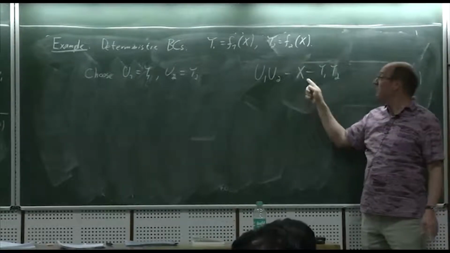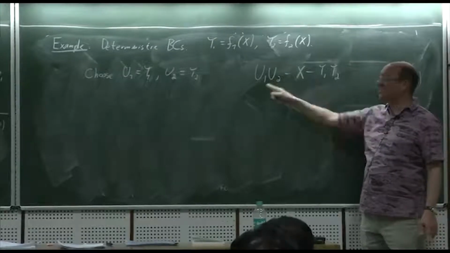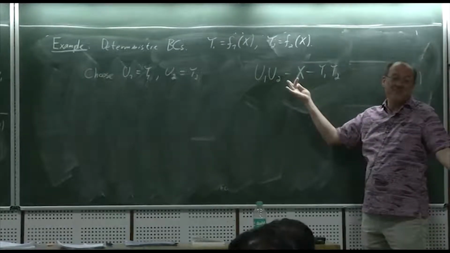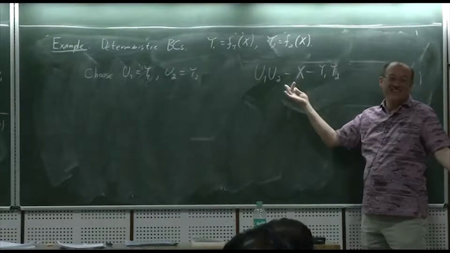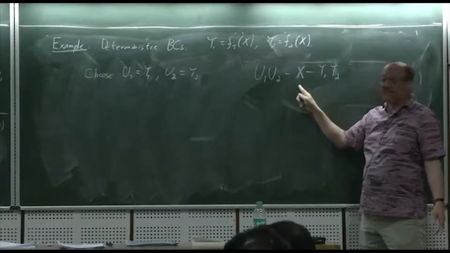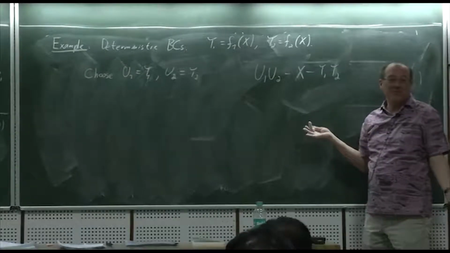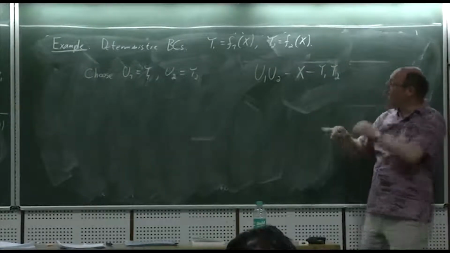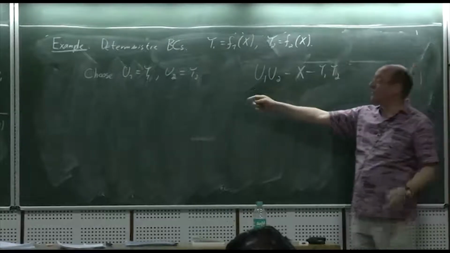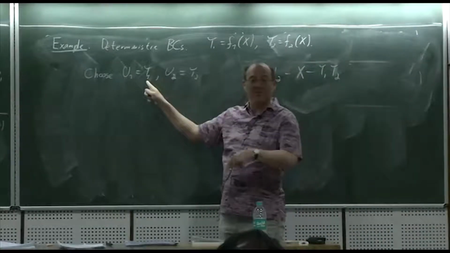Why is that? Because these are functions. And now I can put functions on either side, I'll still have a Markov chain. Because given X, if I have Y1 here and Y1 here, I'm still breaking the dependence. So for deterministic broadcast channels, I can make the choice that U1 is the actual output sequence.